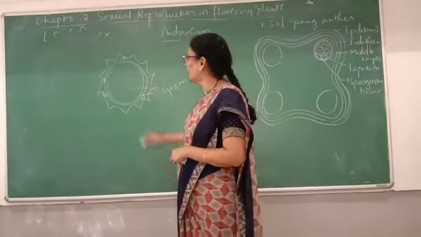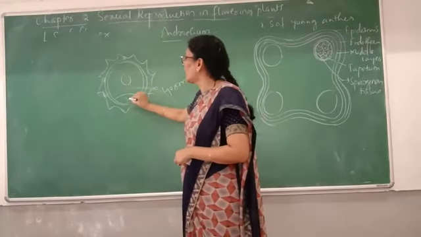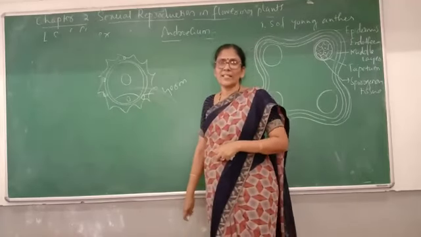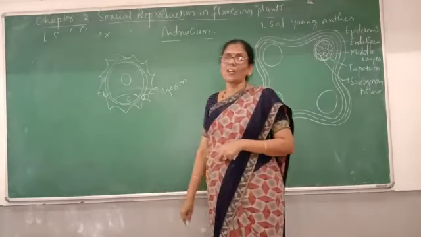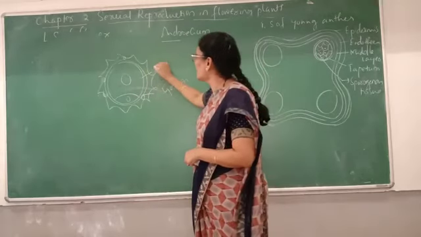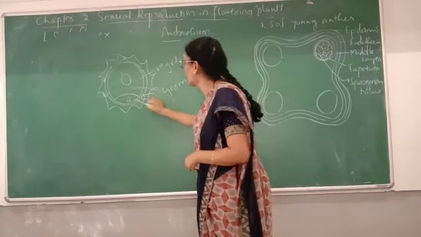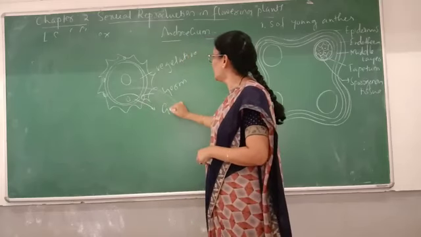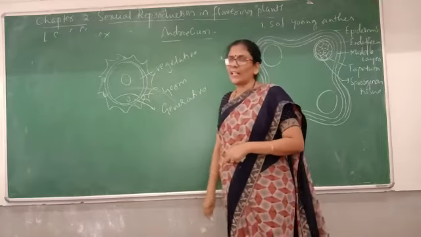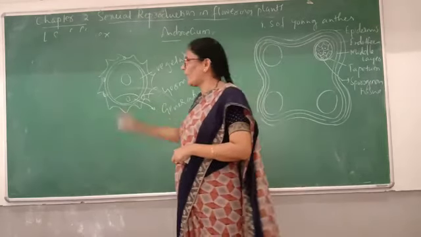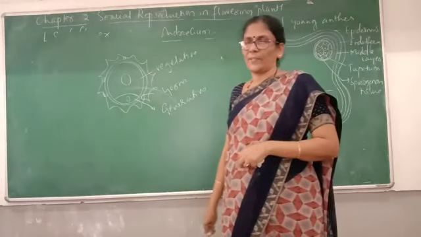Inside the pollen grain, there are two cells. One is a large cell, and the other is a small lens-shaped cell which floats in the cytoplasm of the large cell. The large cell is called the vegetative cell and the small cell is called the generative cell. The generative cell later divides into two male gametes.